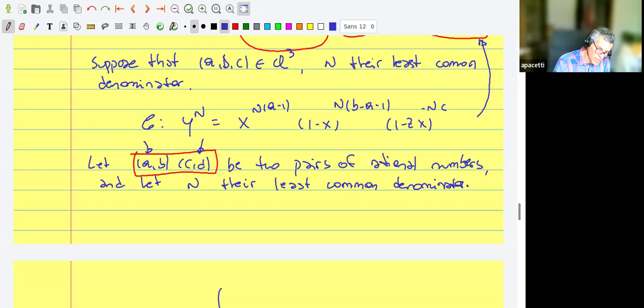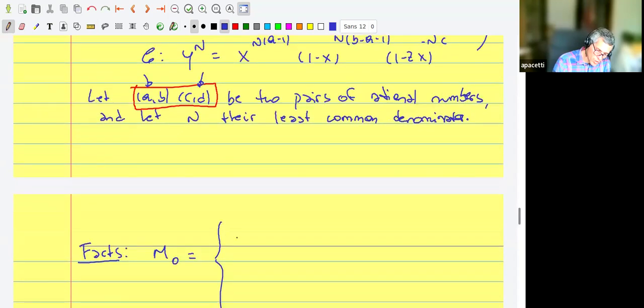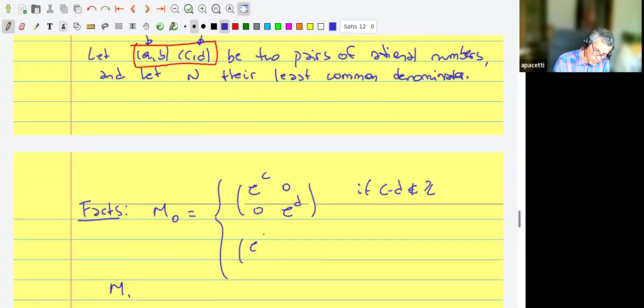The first is going to give you the matrix at infinity. So I'm going to define it as e to the c, e to the d, 0, 0 if c minus d is not an integer, and a Jordan block if c minus d is an integer.